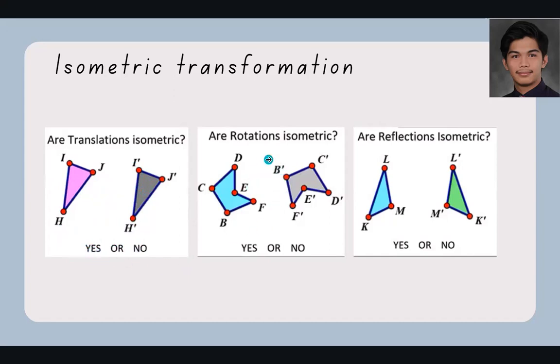As for the rotation isometric, we can observe this image is being rotated to the right from this initial image. So yes, it is also a rotation isometric. As for the reflection isometric, obviously there's a mirror line in between them where its initial image is being reversed. So yes, this is also a reflection isometric.